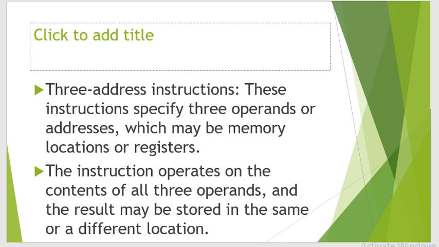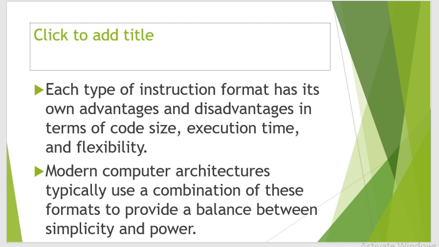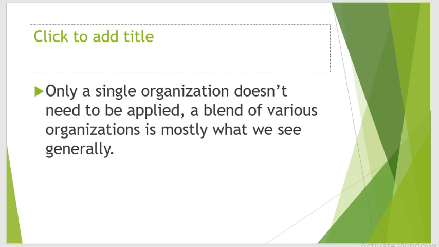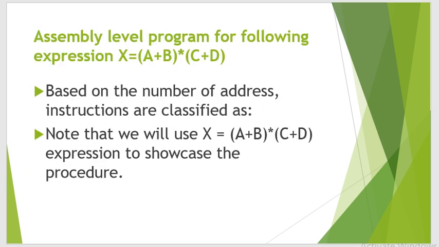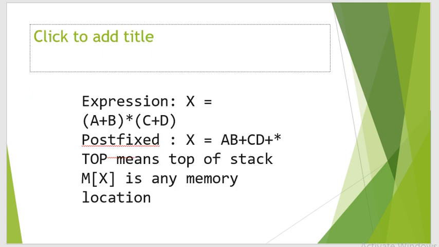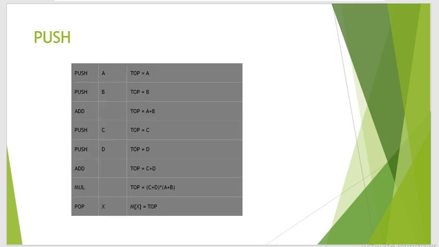Then advantages and disadvantages, we already discussed. After that, the assembly level language program for a given instruction. This is the assembly level language program, or it can be said to be a subroutine for the addition of the following expression.